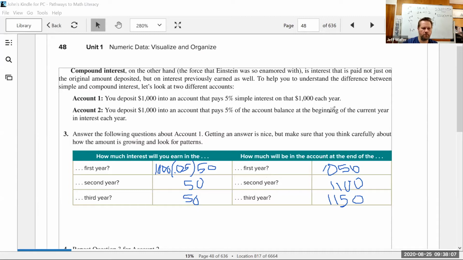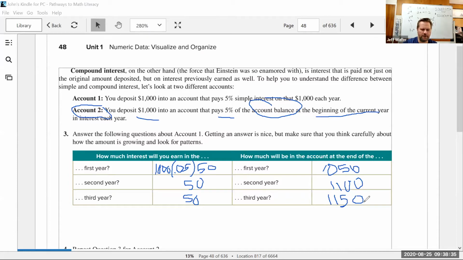But let's do it again where it's compound interest. That's account 2. You put $1,000 in, and it pays 5% at the beginning of each year of the current account balance. So everybody got that?